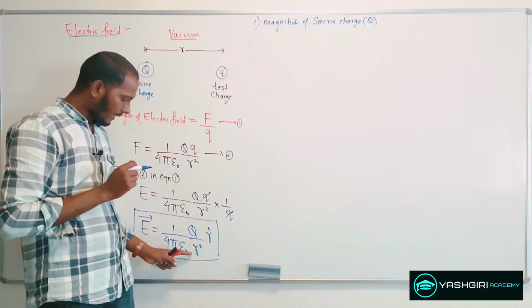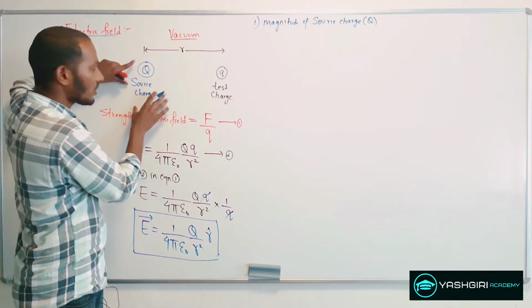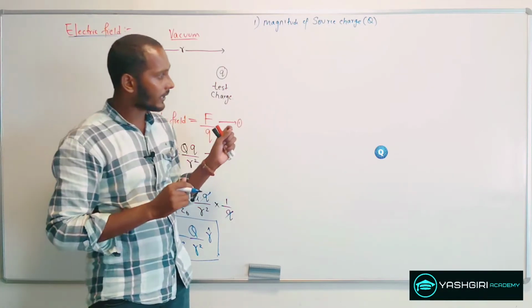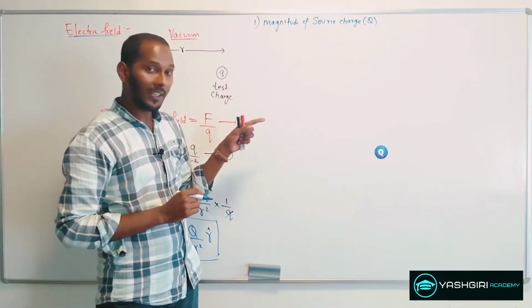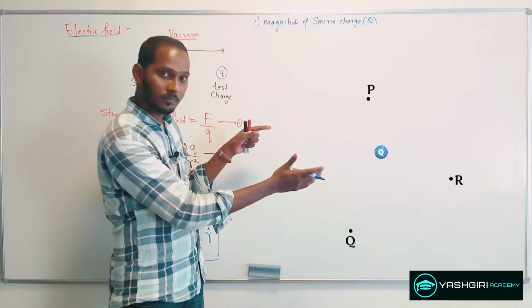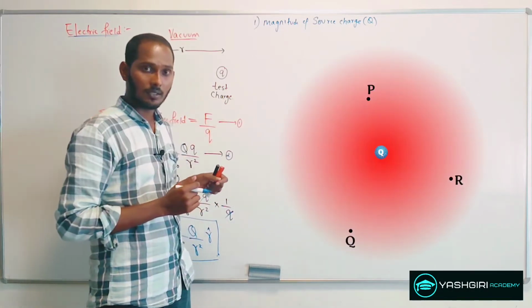So at a different position, if you try to calculate, this is your source charge, and if you try to measure the electric field at a different location, you will get a different electric field in this case.